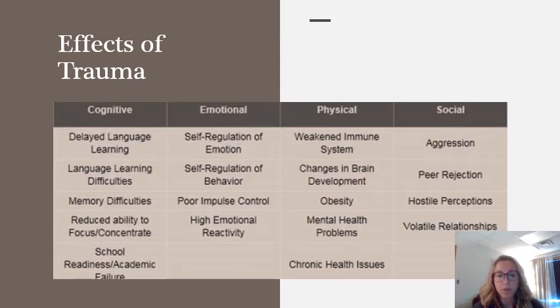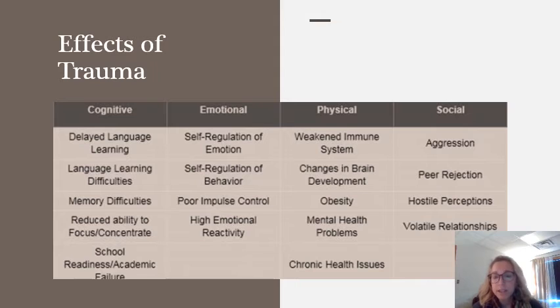Emotional is self-regulation of emotion, self-regulation of behavior, poor impulse control, high emotional reactivity. Physical: weakened immune system, changes in brain development, obesity, mental health problems, chronic health issues. And lastly, social.